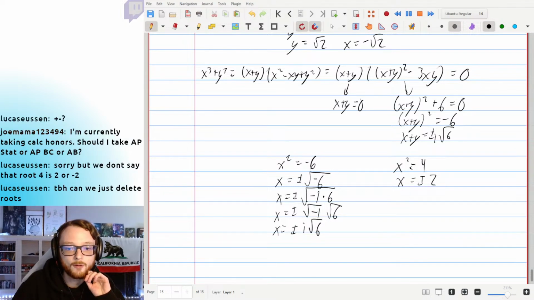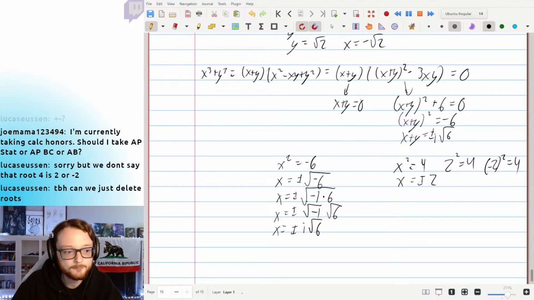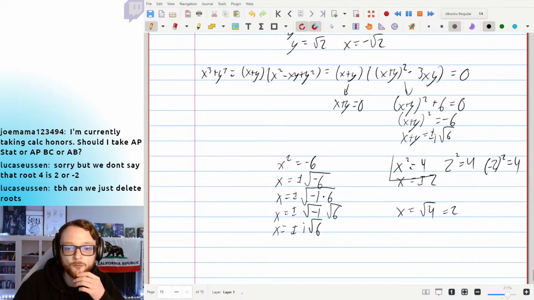Because if you plug in 2, you get 2 squared is 4. But you could also plug in negative 2, and negative 2 squared is also 4. That's why. If you start out knowing that x equals the square root of 4 from some other context, then yeah, you just say x is 2. But if you come from the context of x squared is equal to 4, you need the plus or minus.